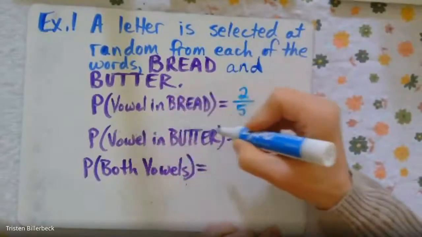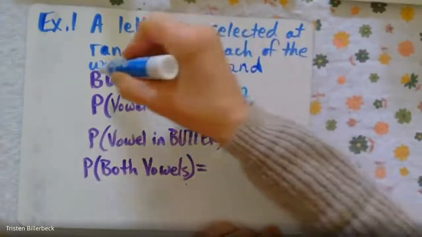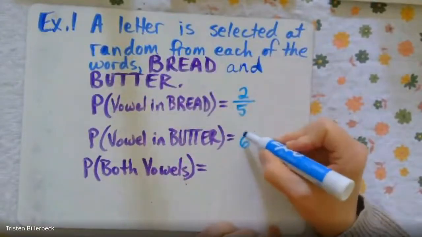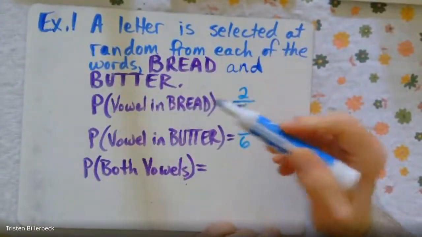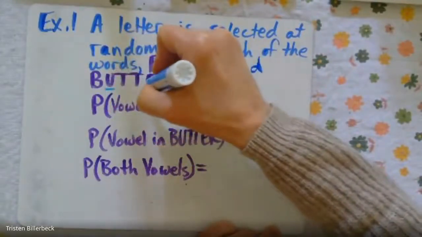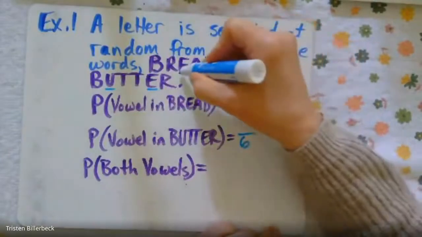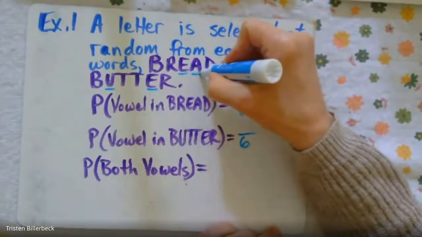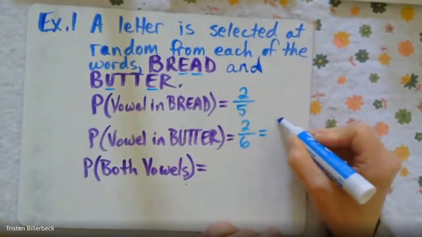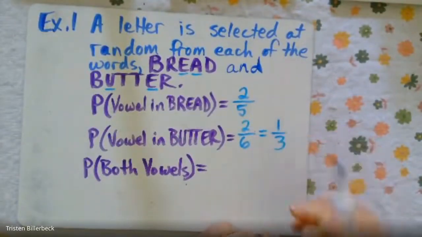Now a vowel in butter. Butter has 1, 2, 3, 4, 5, 6 letters, so its sample space is 6. And it has 2 vowels. So we have 2 out of 6, which is 1/3.